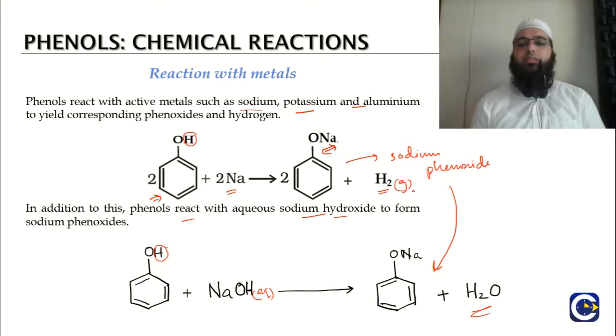So this means the phenol is losing the proton, and therefore it's a good acid. Although it's a weak acid, it is an acid, and a better acid than an alcohol. As we had discussed the acidity of alcohols, alcohols are very weak acids compared to phenols.